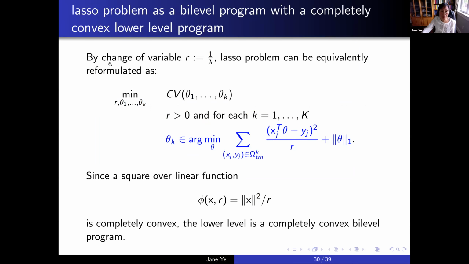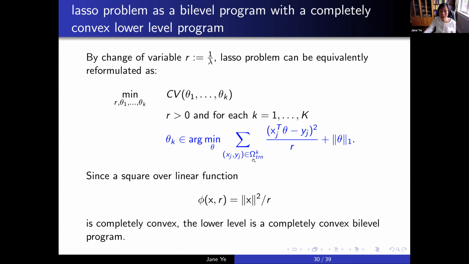We can now reformulate the lasso as a bilevel program with a completely convex lower level program. Remember we have the lasso problem as a cross validation problem, as a bilevel problem. Because you have lambda times the one norm of theta, it does not look like a completely convex function.